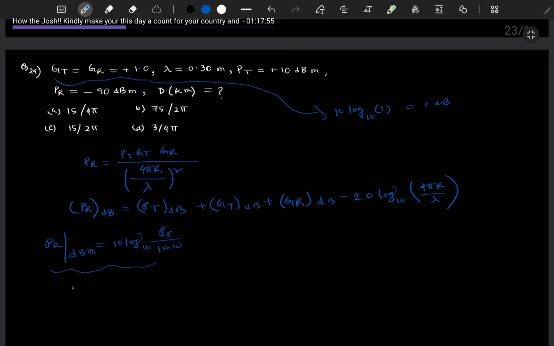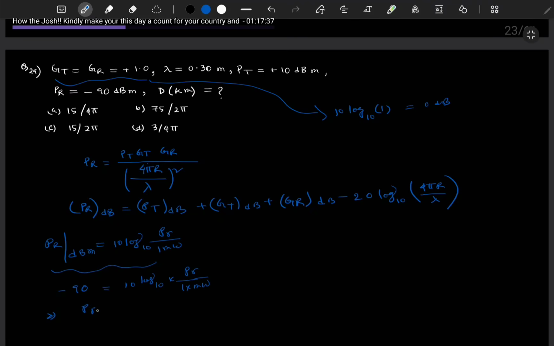Here it is given minus 90 dBm equals 10 log base 10 of PR by 1 milliwatt.